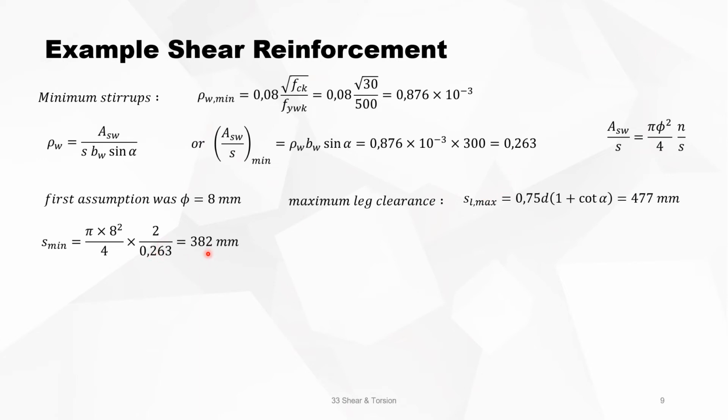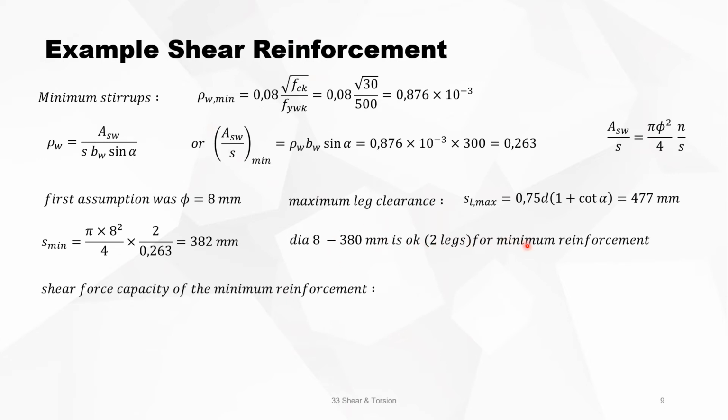Then we see that the minimum spacing of a diameter 8 is 382 millimeters, which is smaller than 477, so that's fine. And we must always round it off downwards. So we will take diameter 8 every 380 millimeters, 2 legs for minimum reinforcement.